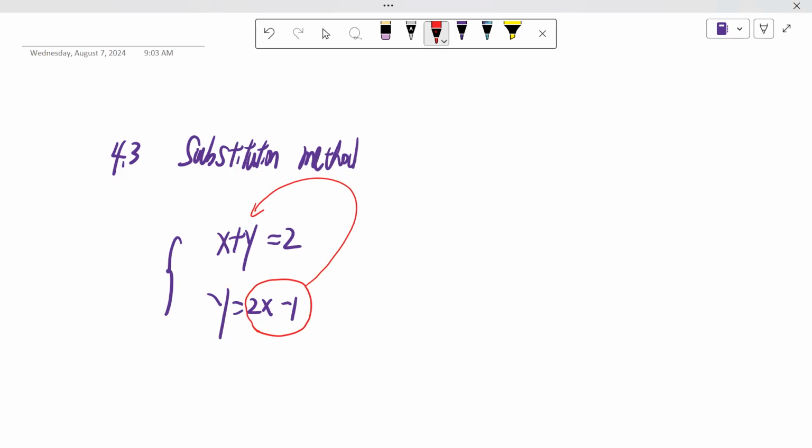By doing this, we eliminate the variable y in the first equation. We utilize the second equation to get rid of one of the variables in the first equation. So replacing y with 2x minus 1 in the first equation, we get x plus 2x minus 1 equal to 2.